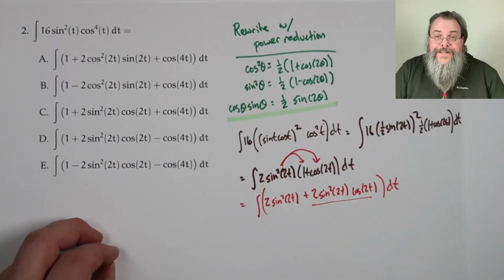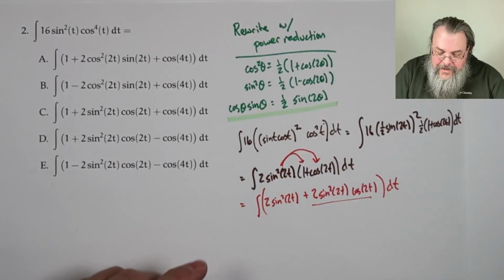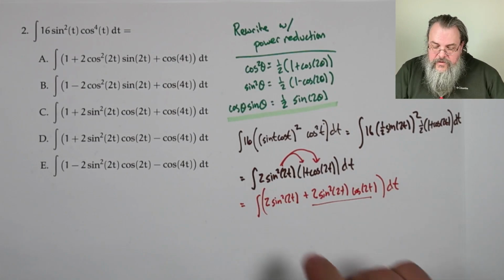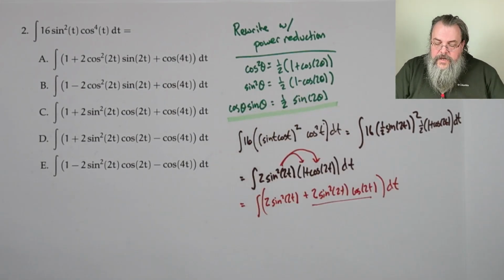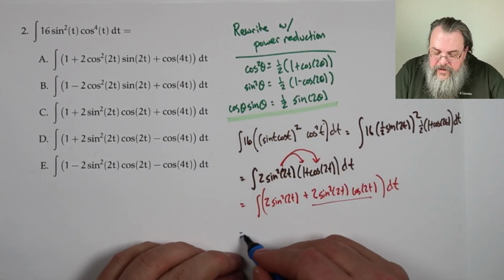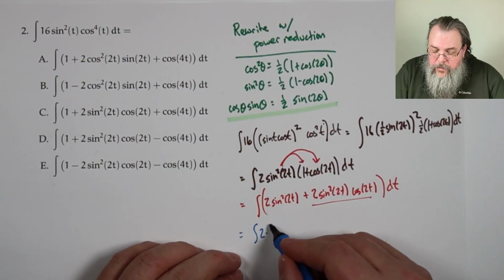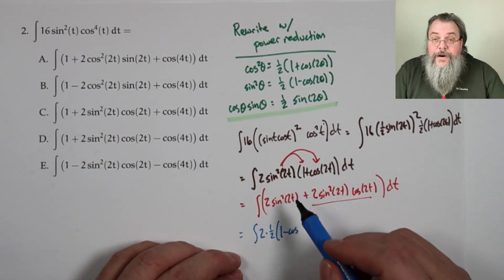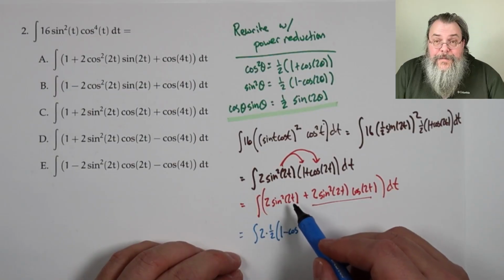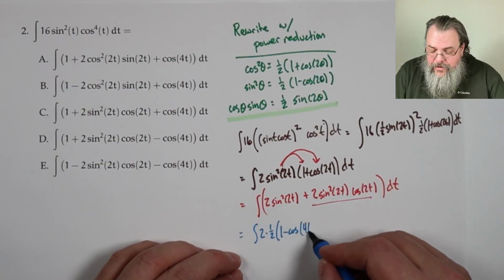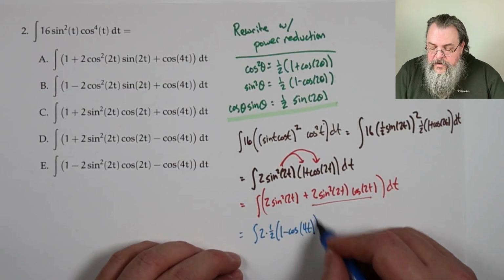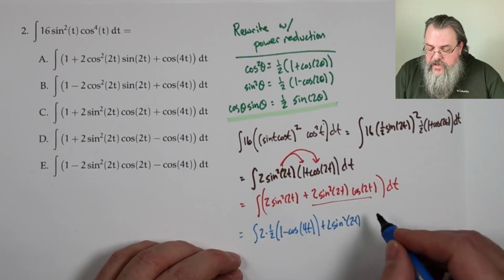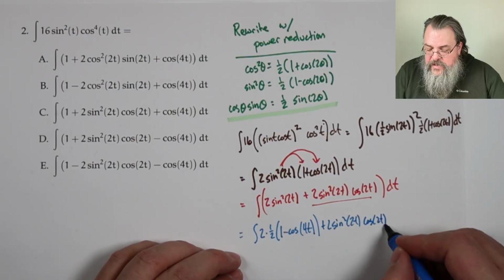Power reduction, round 2. All right, well, what's that going to be? Okay, so sine squared, we're going to have a factor of a half. So that's the integral of 1/2 (1 minus cosine of double this angle, double 2t, makes 4t), plus our 2 sine squared 2t cosine 2t.